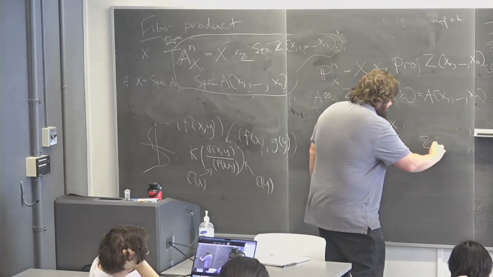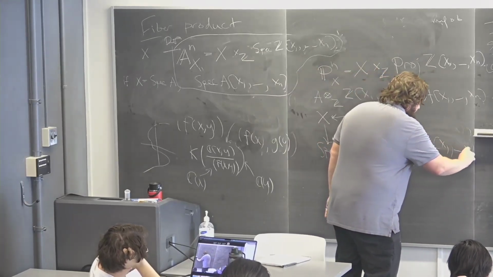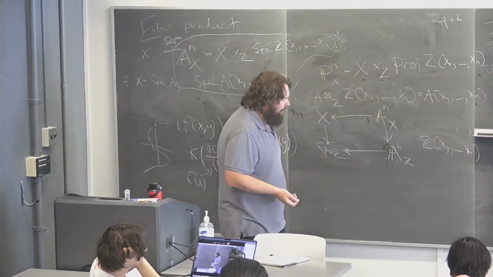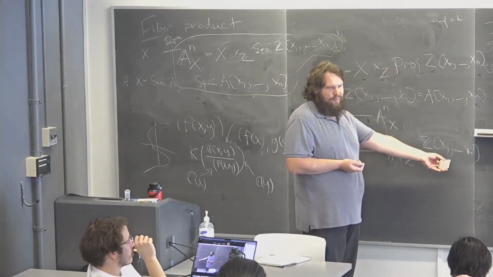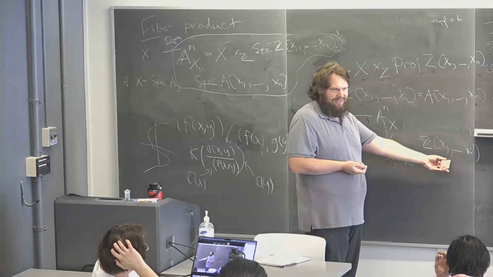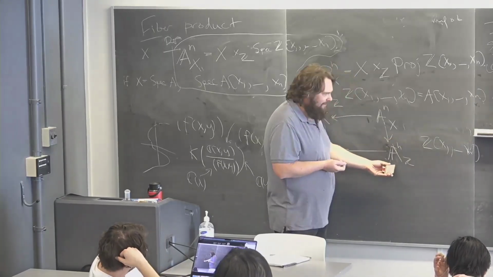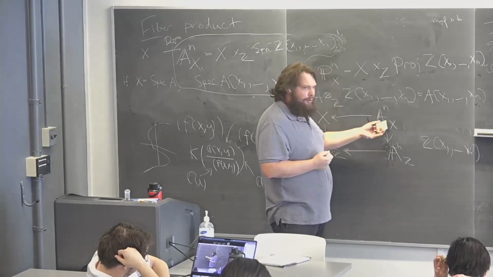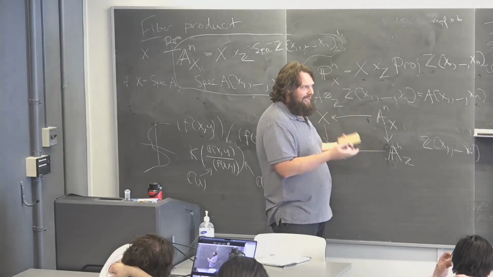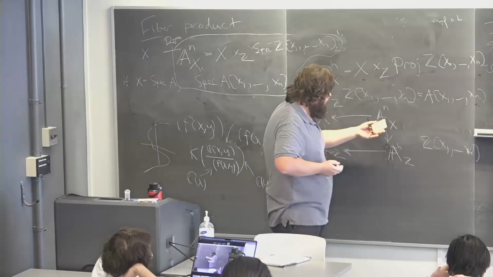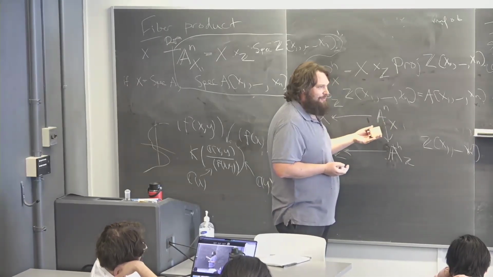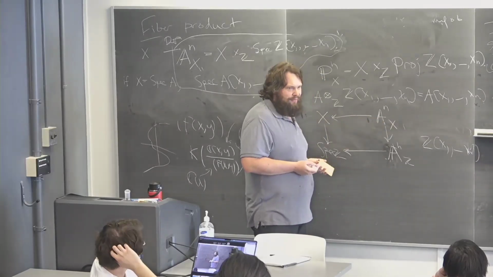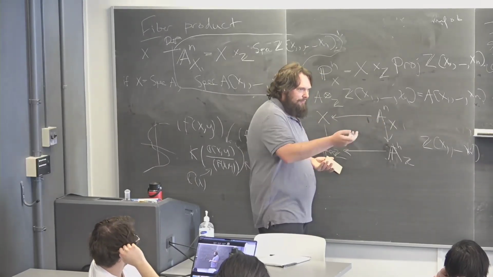And what does that mean? That means a prime ideal in here. For example, any finite field can be written as a quotient of this guy. That defines a point in here. There's a fiber of it over here, and it's going to be something different. It's going to be X base changed to that finite field.